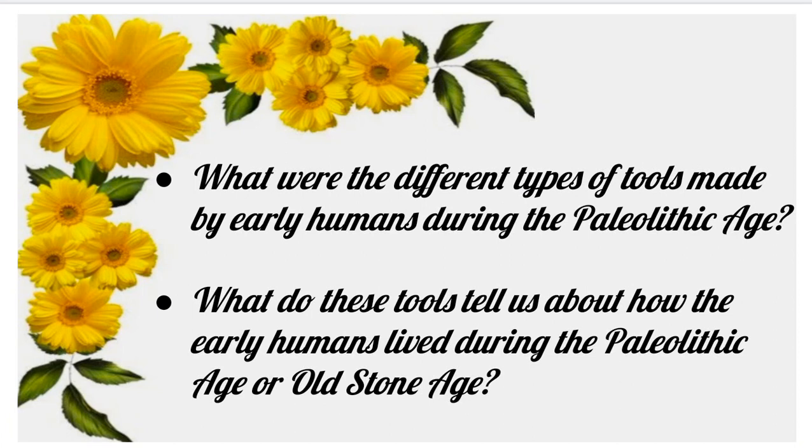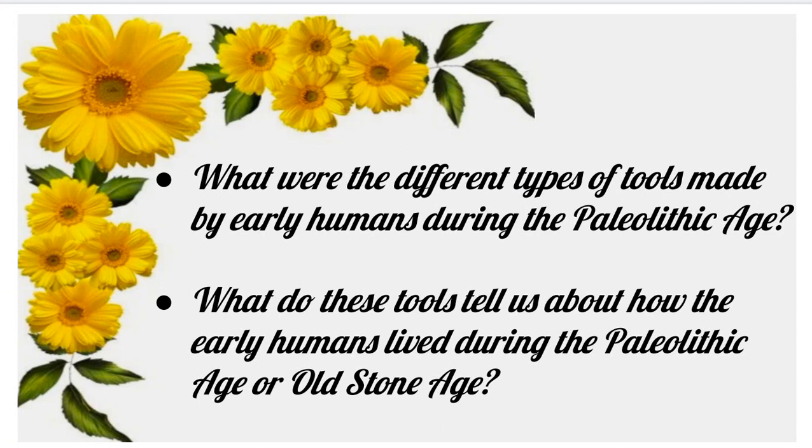As you know, the different types of tools made by the early humans during the Paleolithic Age were hand axes for cutting, cleavers for splitting, choppers for chopping, and burins for engraving on bones and soft stones. Engraving means making a design on something, carving it.